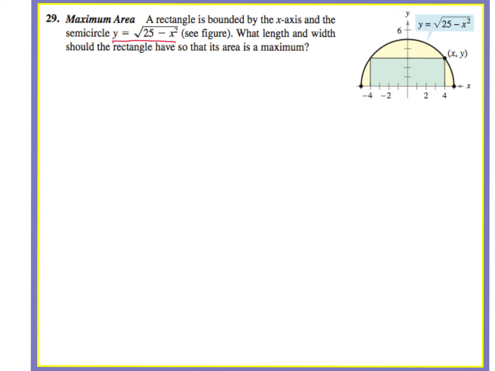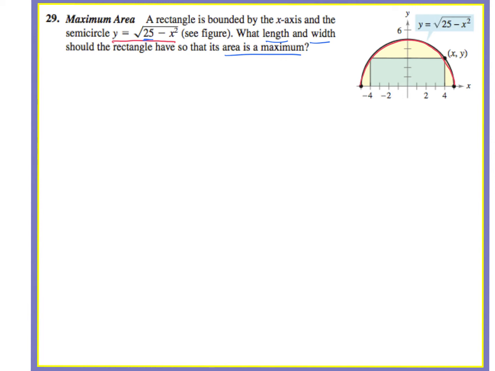So we have that semicircle, and it has a radius of 5 because 5 squared gives you 25. We should recognize that even without seeing the picture. And it's asking what the length and width should be so that the rectangle has a maximum area.